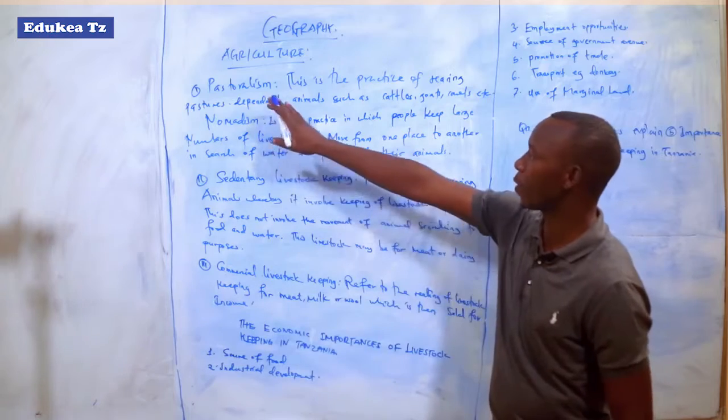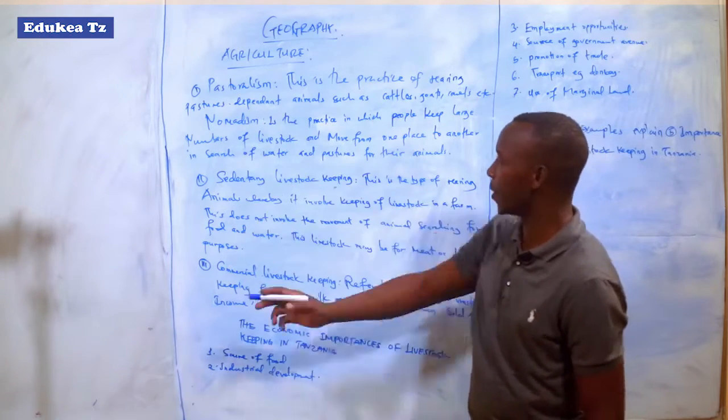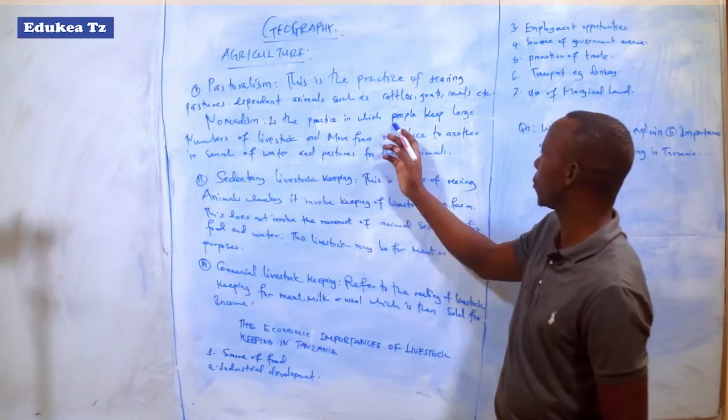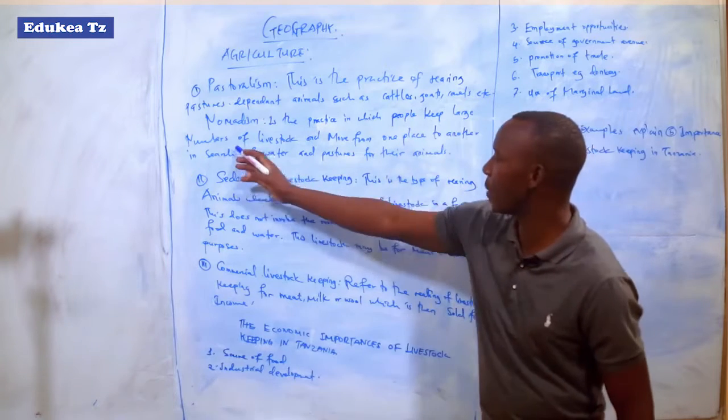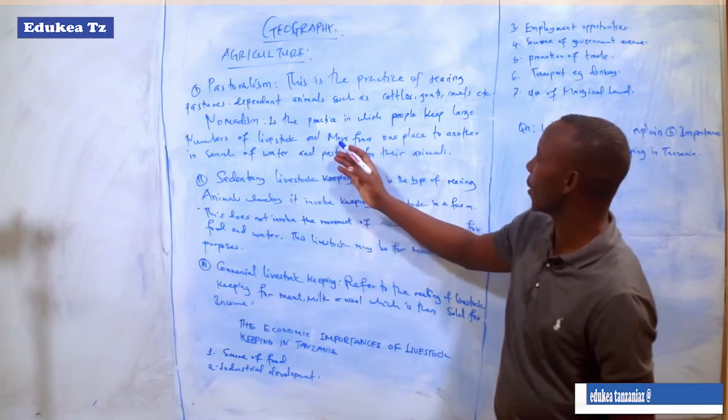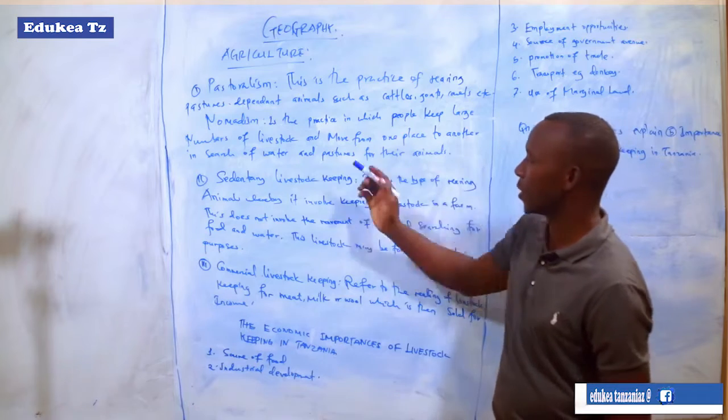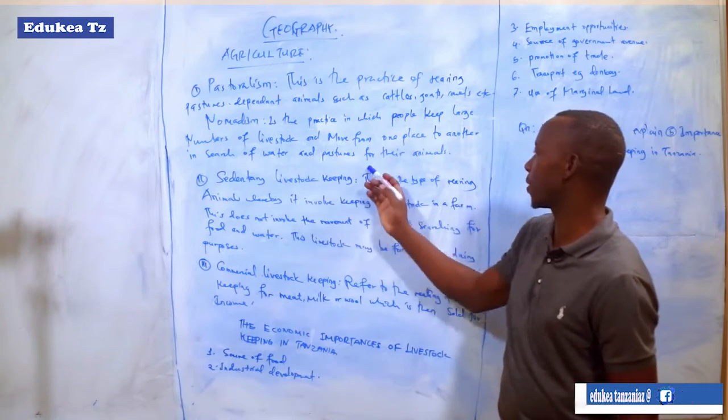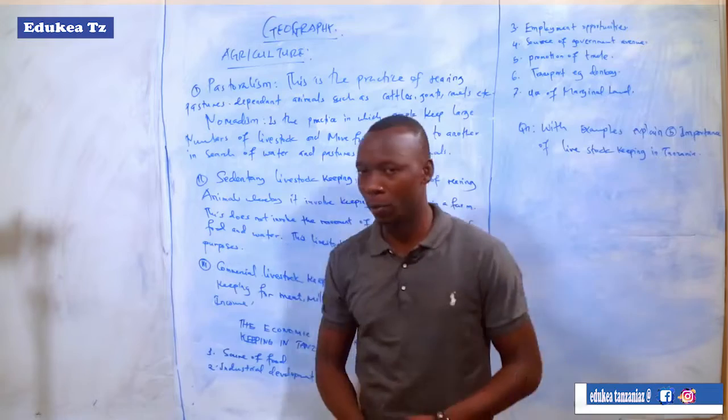After looking at pastoralism, let us see nomadism. Nomadism is a practice in which people keep a large number of livestock and move from one place to another in search of water and pastures for their animals.